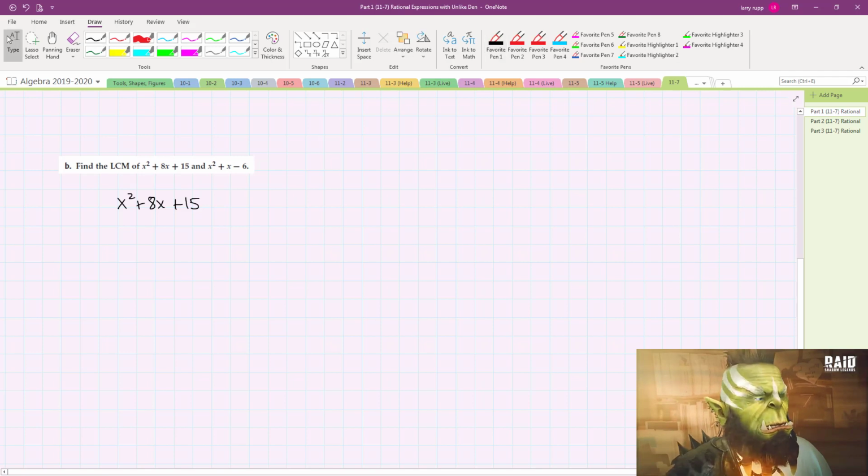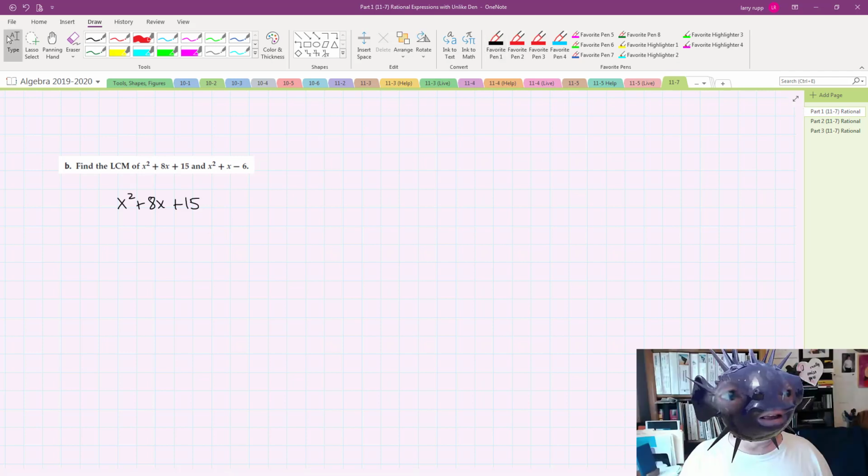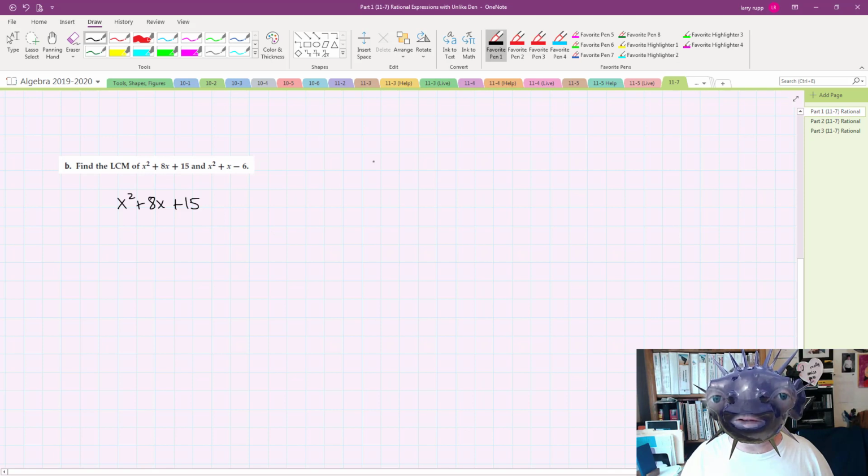So let's go factor this one. As soon as I can find my pen. There we go. What two things multiplied together give you 15 and added together give you 8?